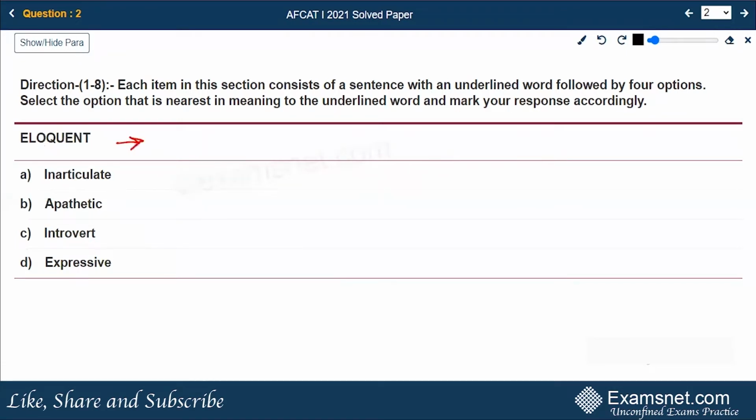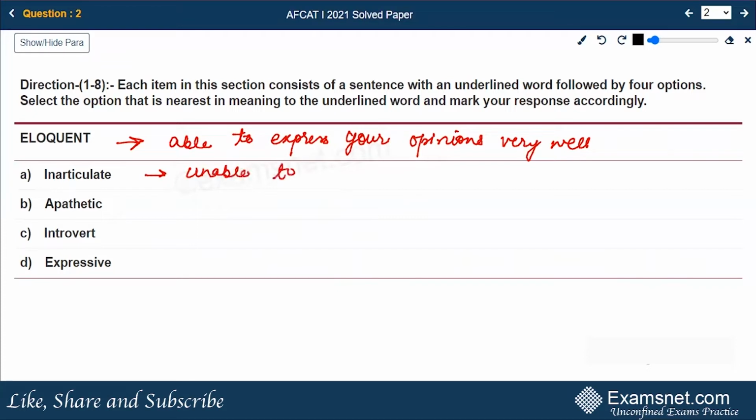Eloquent means to be able to express your opinions very well. Inarticulate means unable to express your feelings easily or your ideas easily.